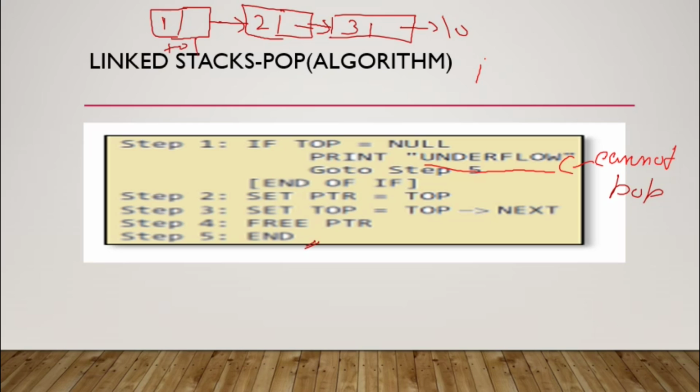When I do pointer equal to top, of course pointer will also point here, and top is top of next, so top will go here. Top is shown like this. When I do top is equal to top of next, top goes to the next element.